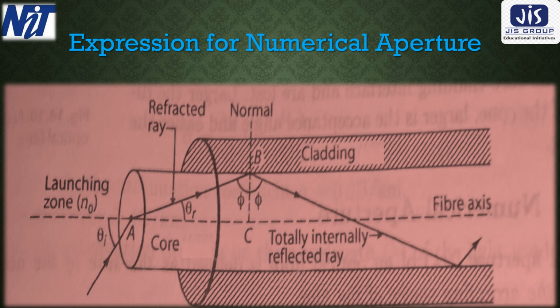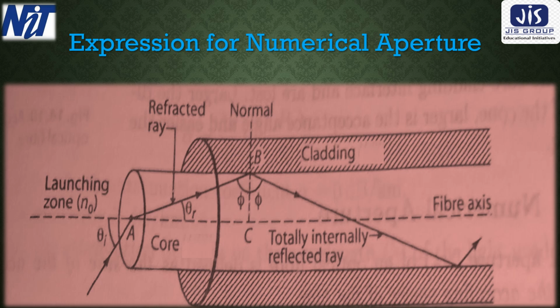If we take the refractive indices of launching zone, core and cladding as mu0, mu1 and mu2 respectively, then we can say that core is denser to the cladding and the medium of launch is rarer to both of them.